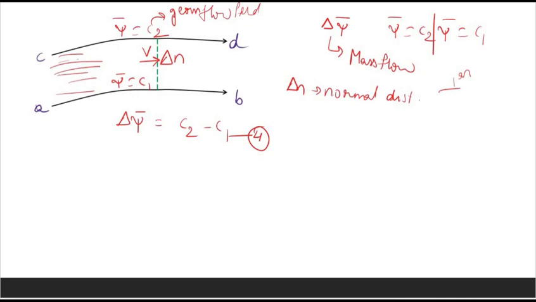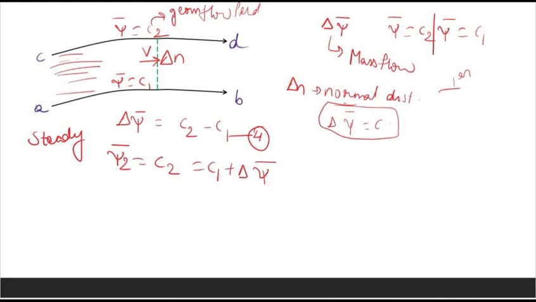Okay. Now, in case I say that the type of flow which we are having over here in the stream tube is a steady flow. So what happens in case of a steady flow? Whatever mass flow is inside the stream tube, it would be constant throughout the stream tube.